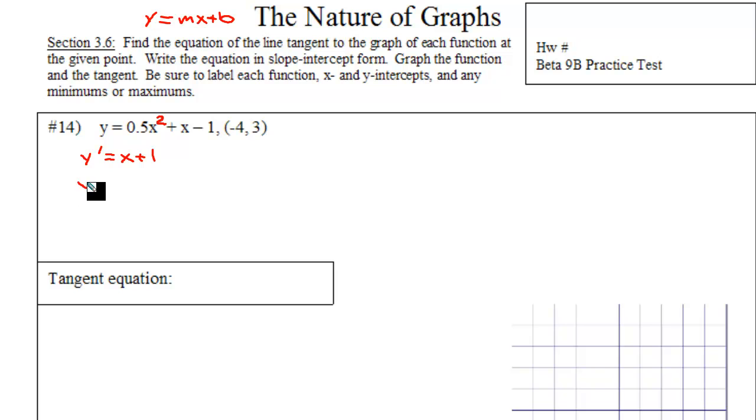We want to know the specific slope when x is negative 4, putting the negative 4 in from here. So f prime of negative 4 equals negative 4 plus 1. That means that the slope at negative 4 is negative 3.